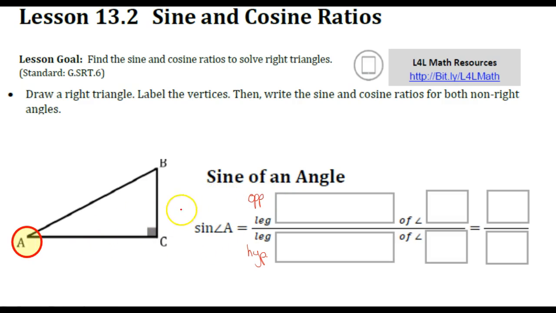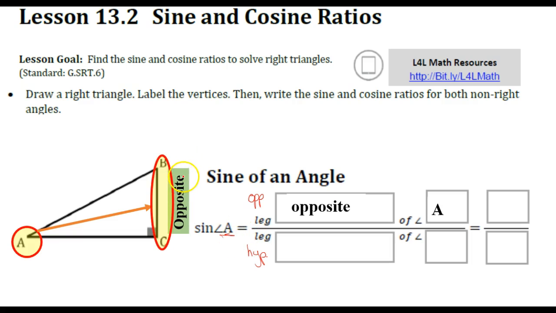Circle it. You'll notice that the side opposite of angle A is BC. So we're going to fill this in. Leg opposite angle A is BC. Now this isn't actually a leg since it's the hypotenuse, so I'm actually going to write this. It shouldn't be leg here.